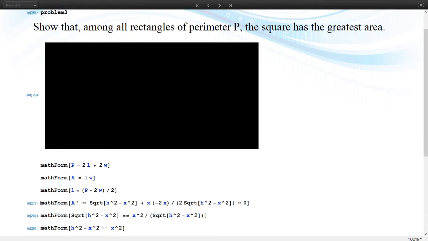If we substitute that into our equation for the area, we get the area is equal to w times P minus 2w over 2.